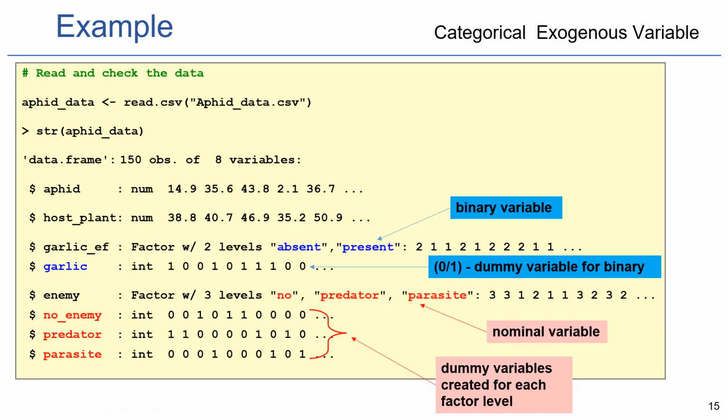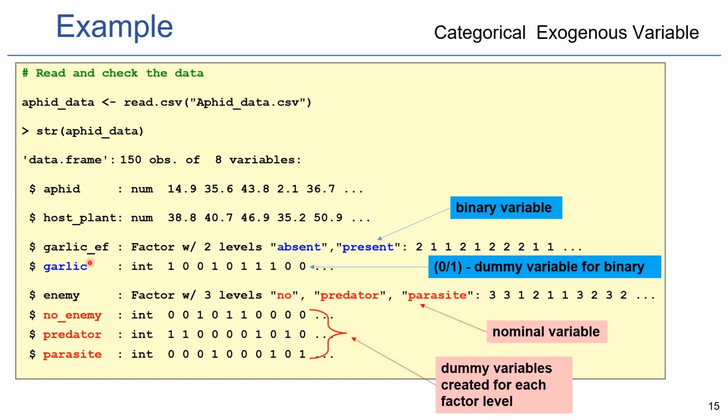And for this, we use the data, the aphid data CSV file, which you will find in the Blackboard. When you check the structure of this data, we can see that we have 150 observations, which are our microcosms. And we see that aphid density and host plant are our numerical variables.